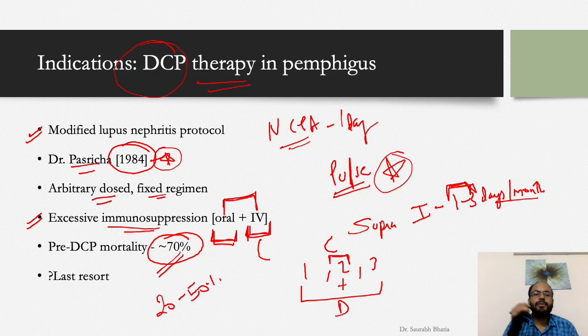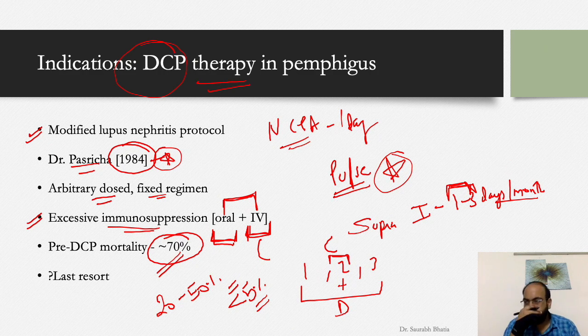But after the use of DCP, the mortality rate has been around or less than 5%. There are articles that mention 6% also as mortality rate, but majorly the mortality rate has been less than 5% after DCP, after the introduction of DCP for the treatment of pemphigus.